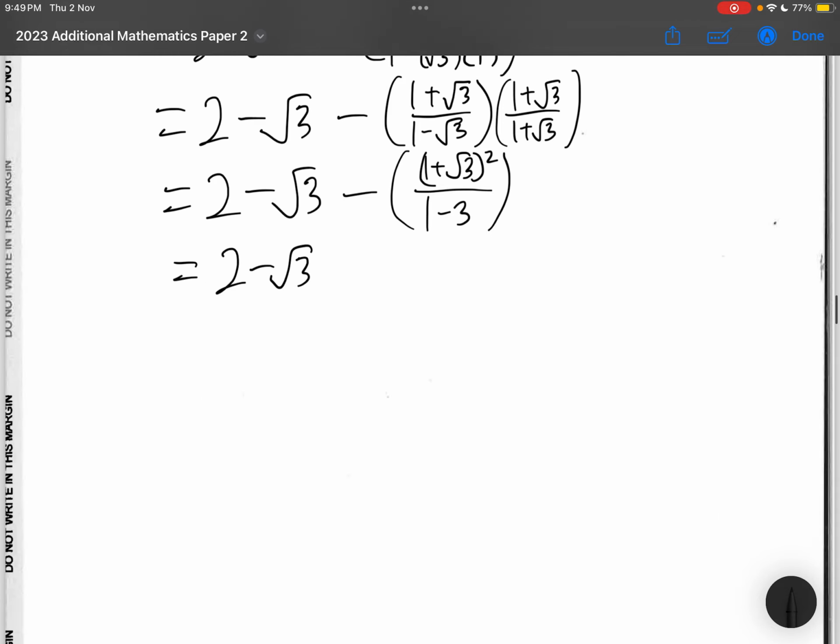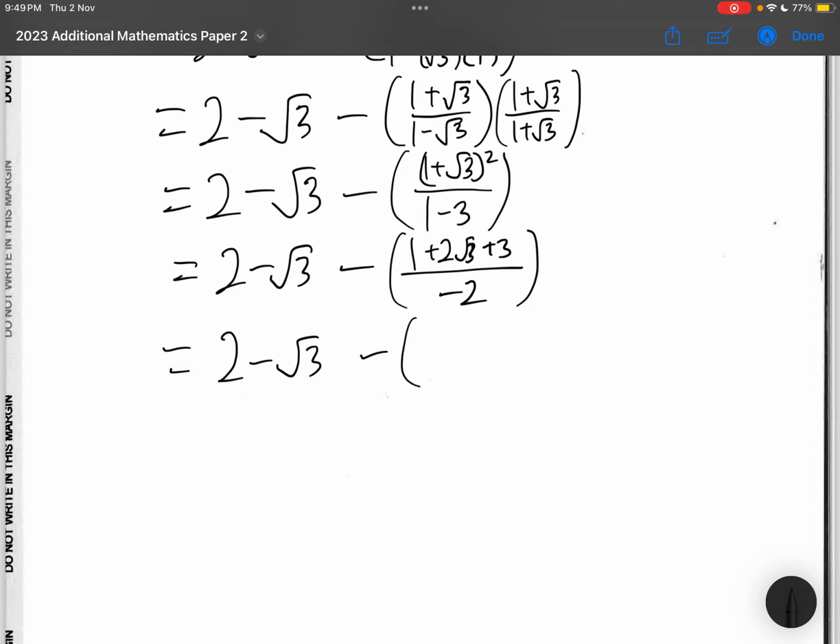So that is 2 minus square root 3, minus 1 plus square root 3 bracket squared. I can use my special algebraic identities to expand it. So I have 1 plus 2 square root 3 plus 3 over negative 2. And then I'll have 4 plus 2 square root 3 over negative 2.